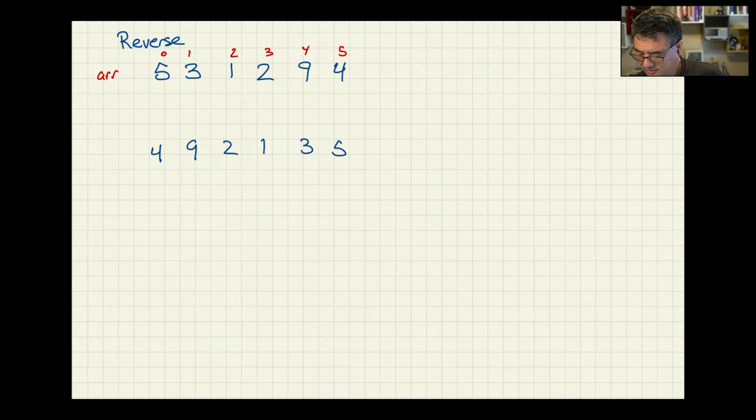So I want the first element to go in the last slot, second element to go here, this one to go here, this one here, element number 4 over into 1, and element number 5 into 0. Any ideas how to do this?